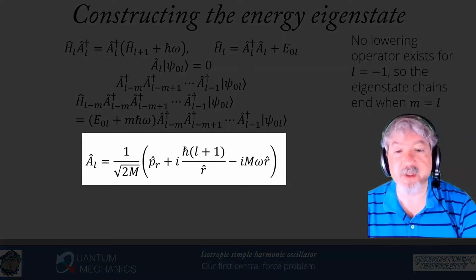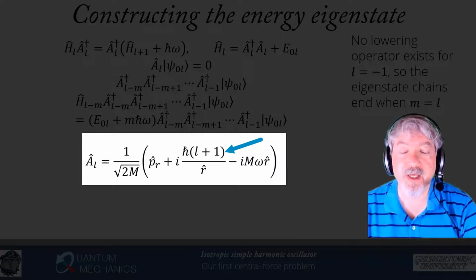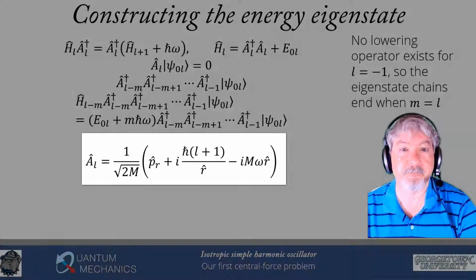If I plug L equals minus 1 into that lowering operator, I no longer have the divergence at R equals 0, which I must have in order to guarantee that I have a domain that goes from 0 to infinity for the radial position operator. Because that divergence disappears when L equals minus 1, it is no longer valid. So I can only do these chains all the way down to M equals L, and after that, I cannot go any further.